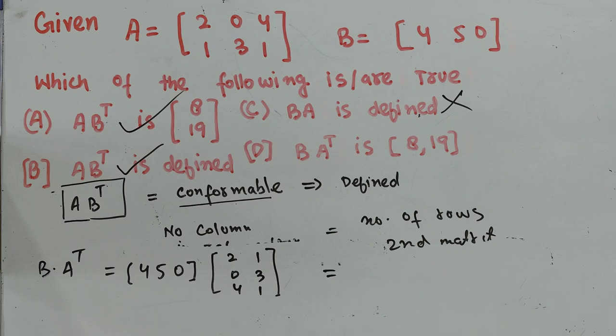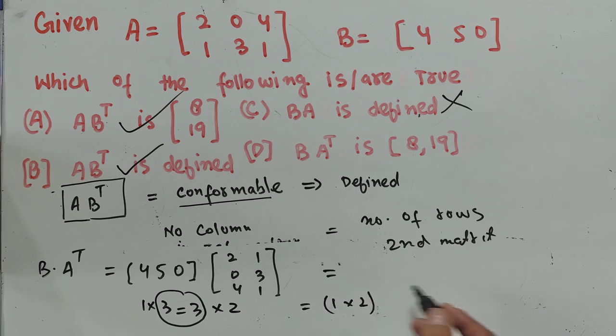Let us see the conformability. The number of columns in the first matrix is 3 and the number of rows in the second matrix is 3. That means we can do the multiplication, and the orders are 1 into 3 and 3 into 2. So the order of the new matrix will be 1 into 2. That means we will have 1 row and 2 columns.